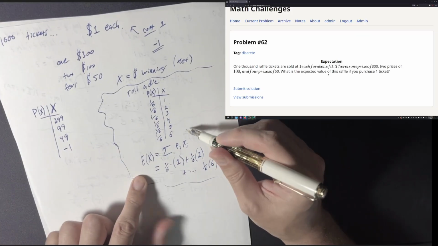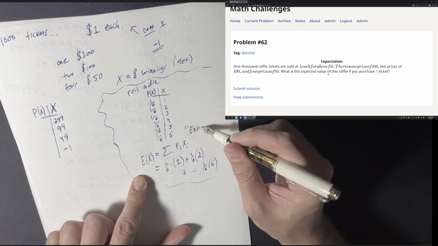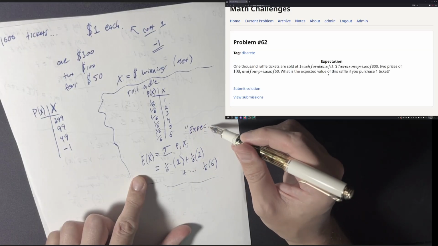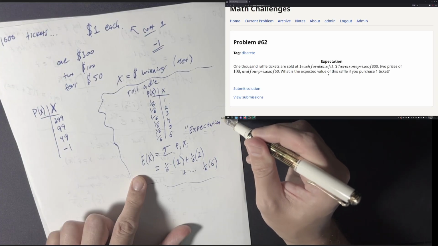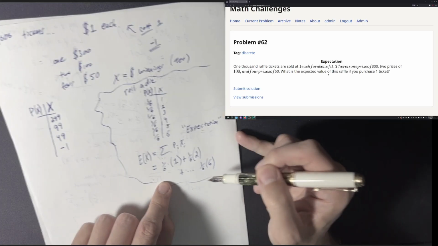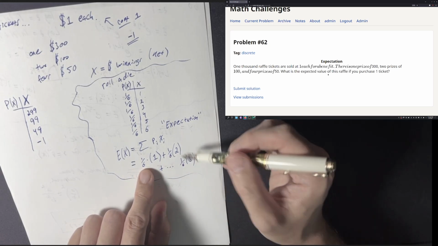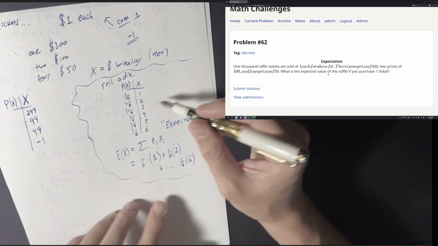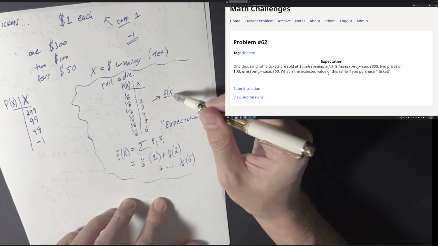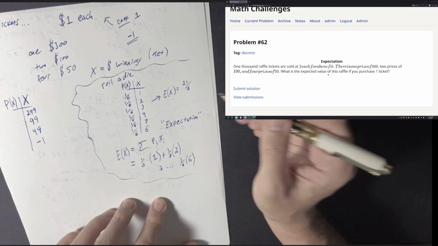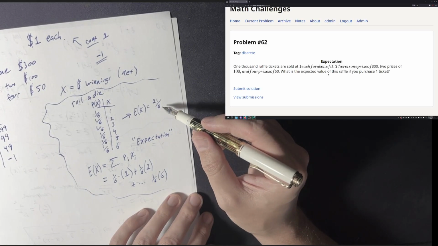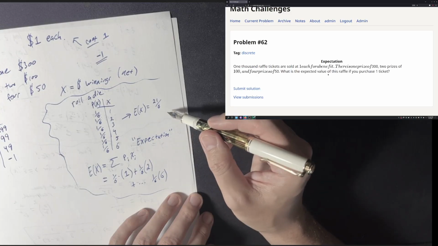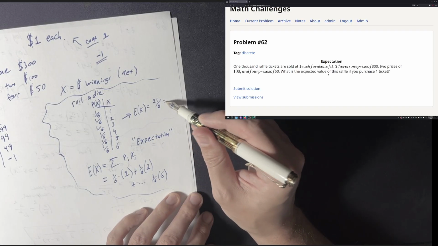This is what expectation, or expected value, means. This is your expectation when you roll a die: 1/6 times the sum, and that works out to be 7 plus 7 plus 7. So it actually works out to be 21/6, or 7/2 is another way to put that, okay?